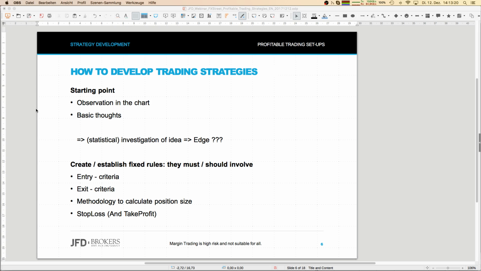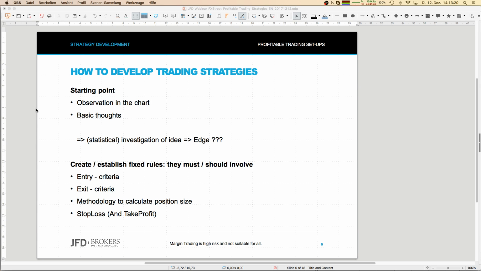You see already the must rules for creating a trading setup: the take profit does not belong really to the must rules, but as long as we have an exit criteria, it's okay. So therefore, we need definitely a stop loss, not necessarily a take profit, but of course we need an exit criteria.